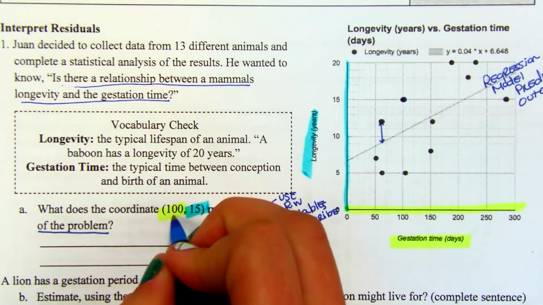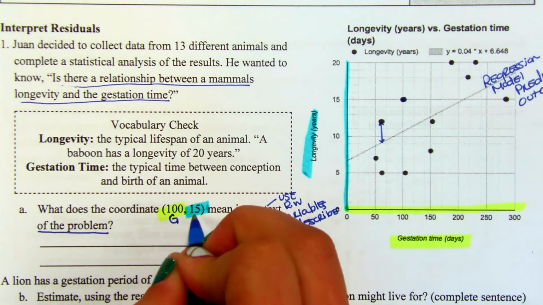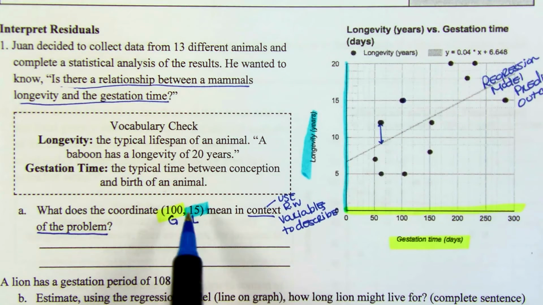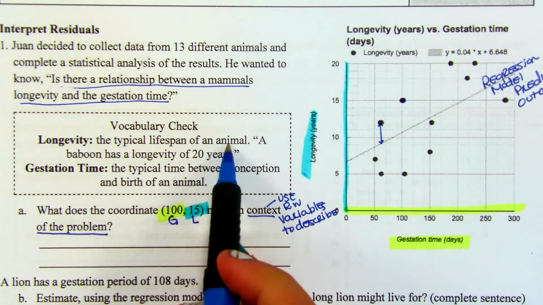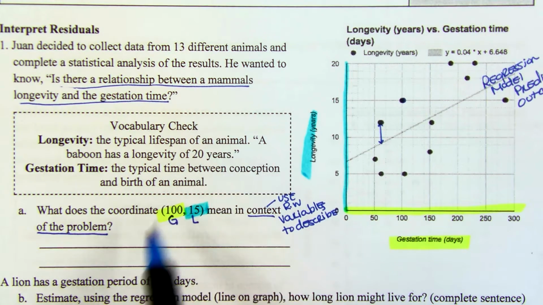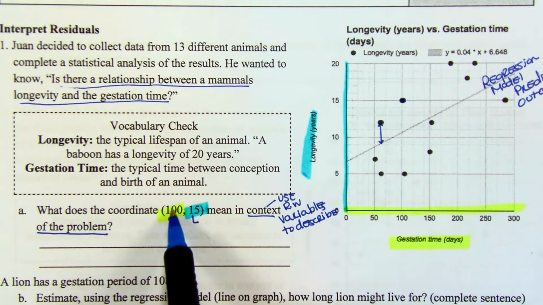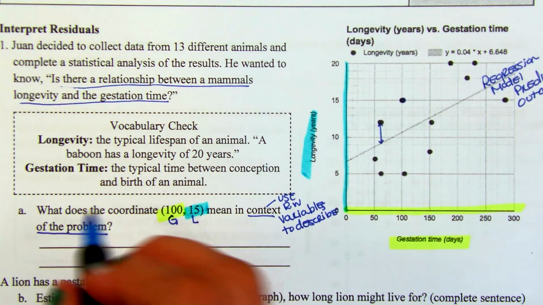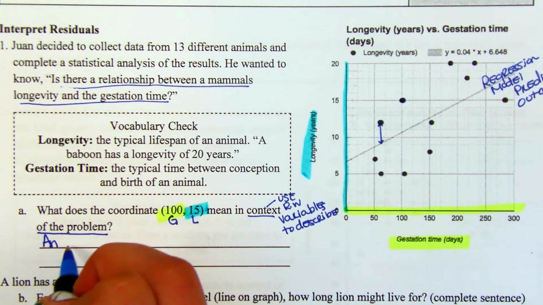So if 100 represents gestation time and 15 represents longevity, we're talking about animals, right? So an animal that has a gestation time of 100 lived for 15 years.